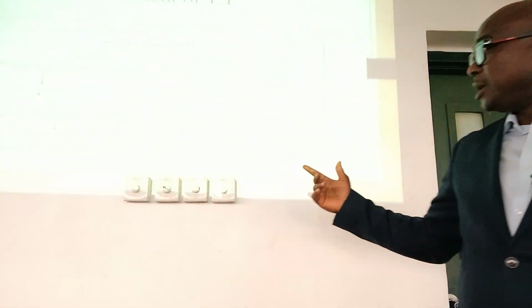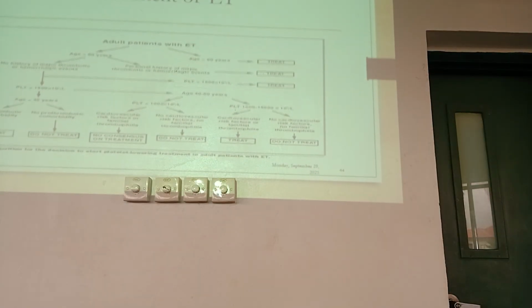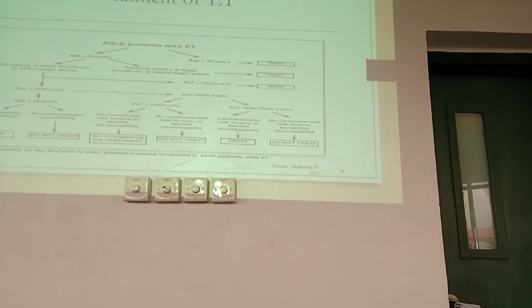This is also from WHO, so you can decide whether you want to use hydroxyurea, whether you want to use anagrelide, whether you want to use low dose aspirin, whether you can do phlebotomy too. You can do phlebotomy, and then you can do platelet pheresis.